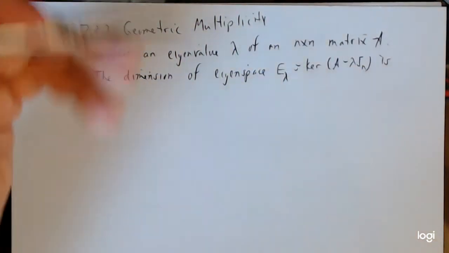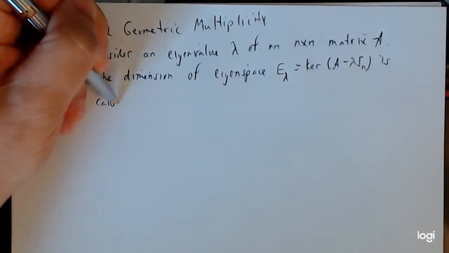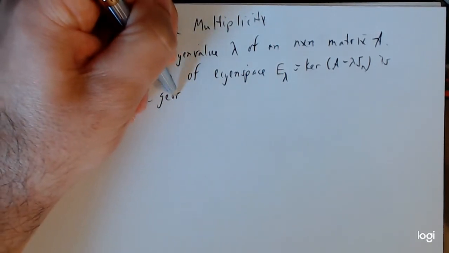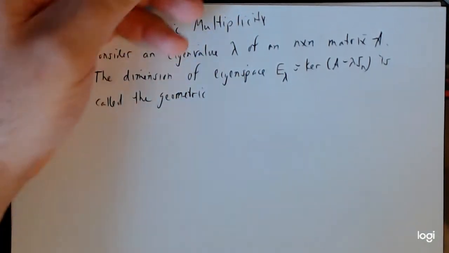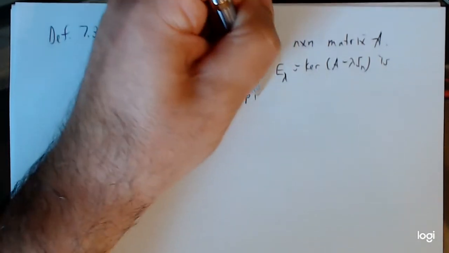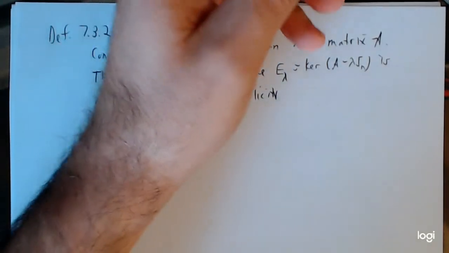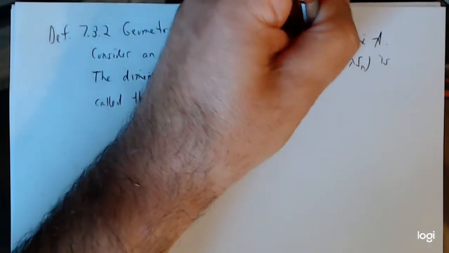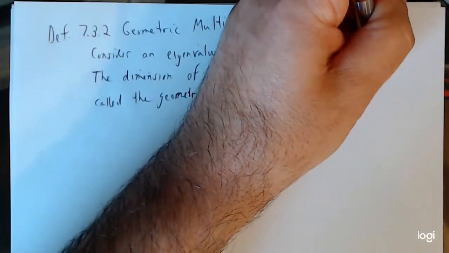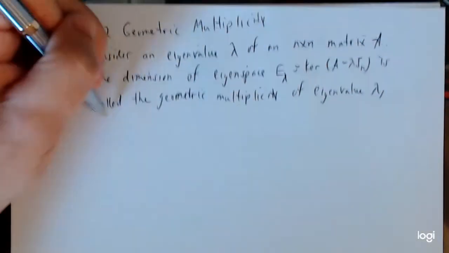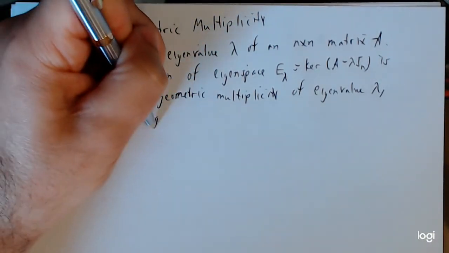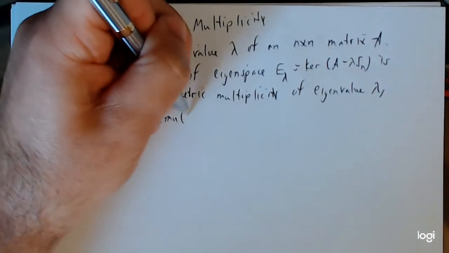So this is called the geometric multiplicity of the eigenvalue lambda, denoted GEMU lambda.